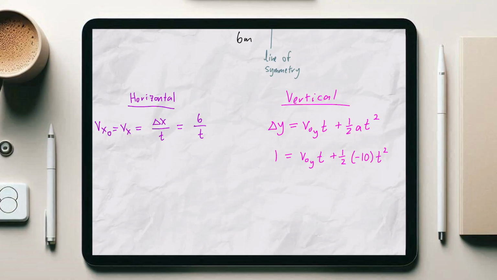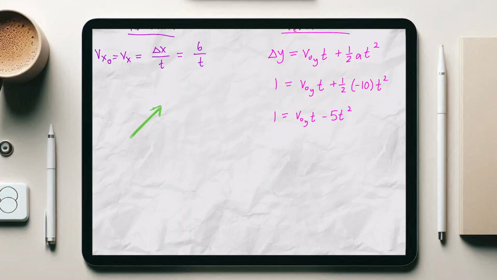Now for acceleration, we're going to be using the acceleration due to gravity. And to make things easier, we'll make it negative 10 meters per second squared. Now we have two equations we can use, one describing the horizontal and one describing the vertical direction of motion. But that's not exactly what we're solving for. All we want to know is the velocity that LeBrick needs to shoot the ball to make it in the basket.